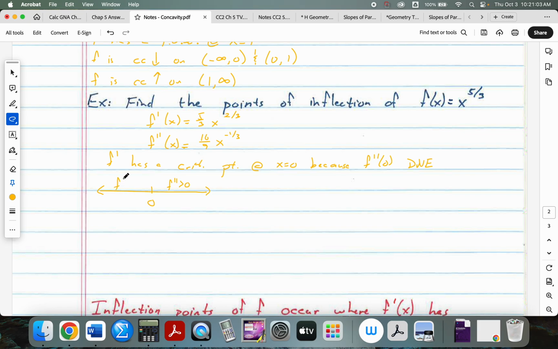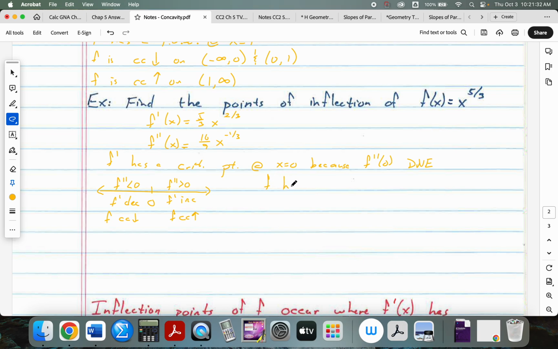So here, f double prime is going to be negative. This means that f prime is decreasing on that first interval, but f prime is increasing on the second interval, and then by definition, f is concave down on this interval, and f is concave up on this interval.